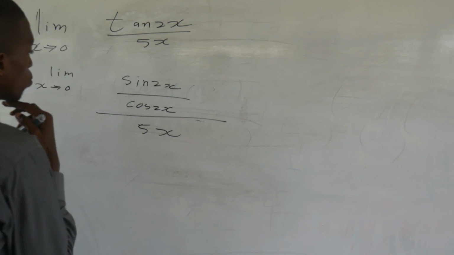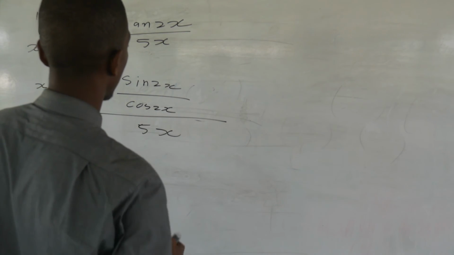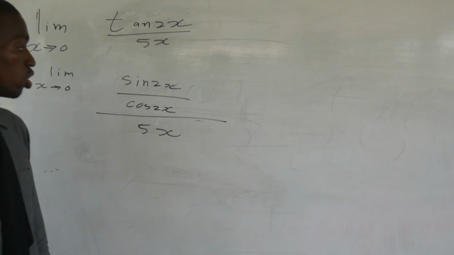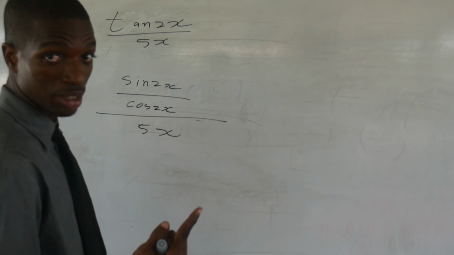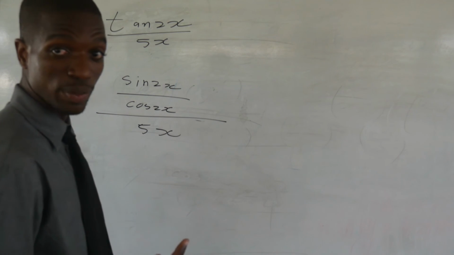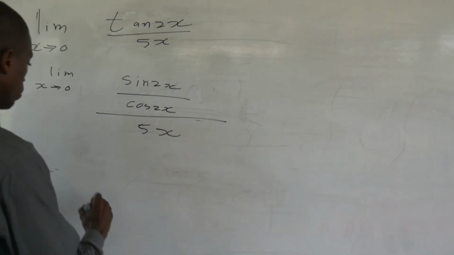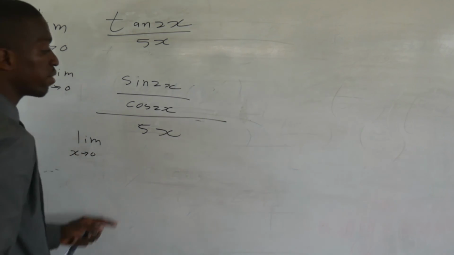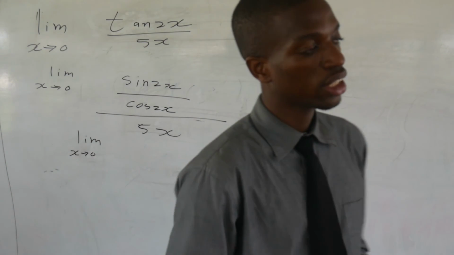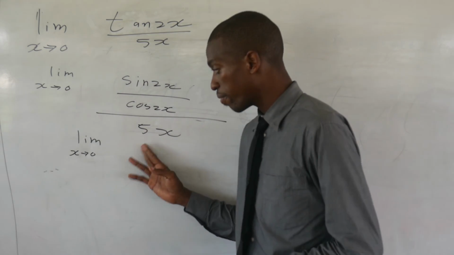Alright, now what do we have here? Let's write this in a different way so we can clearly see what's happening. We have sine 2x over cos 2x divided by 5x.